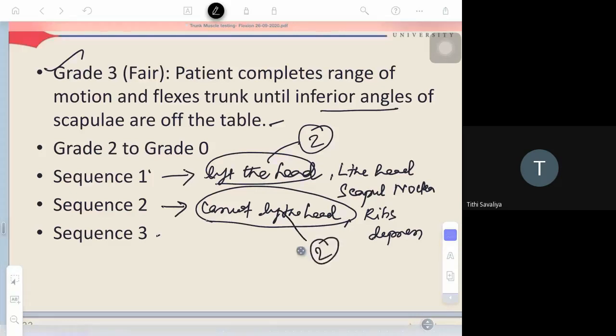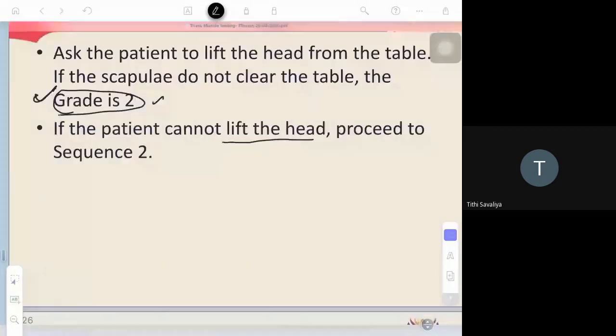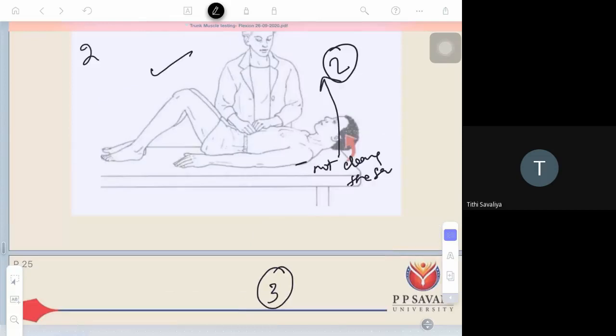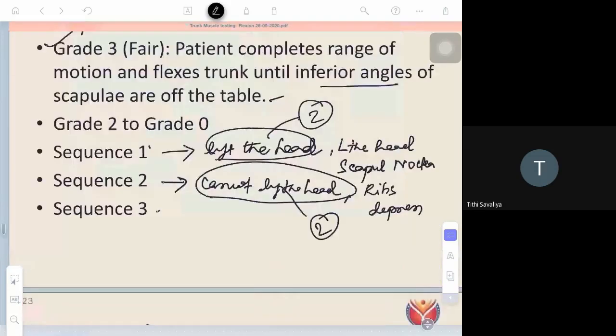Clear? Am I right? But here, what additional thing are you given? You are given support. Additionally, you are given support here.